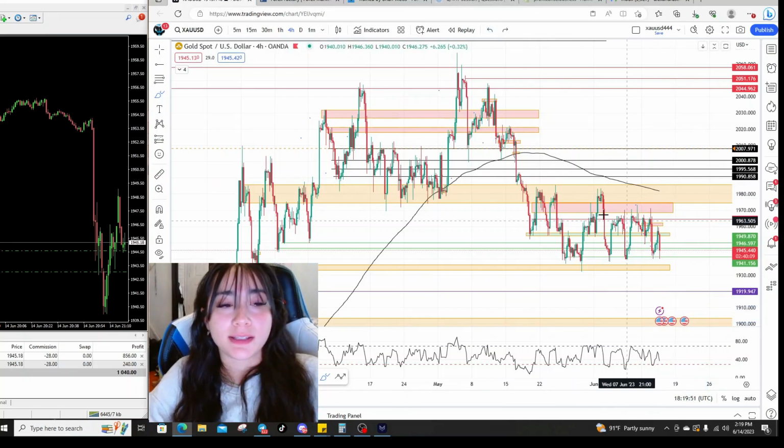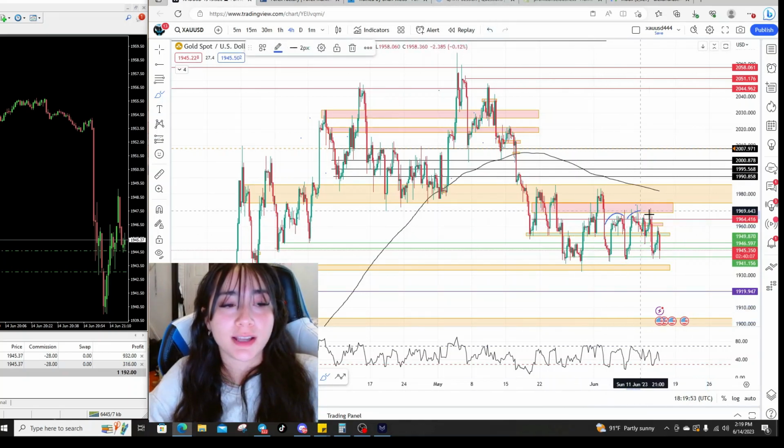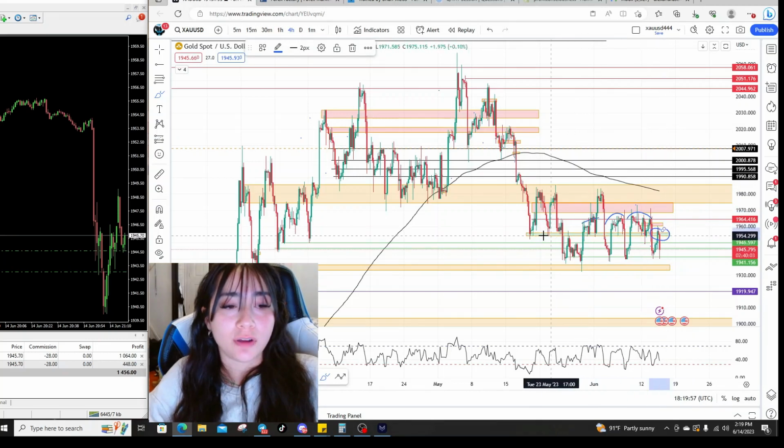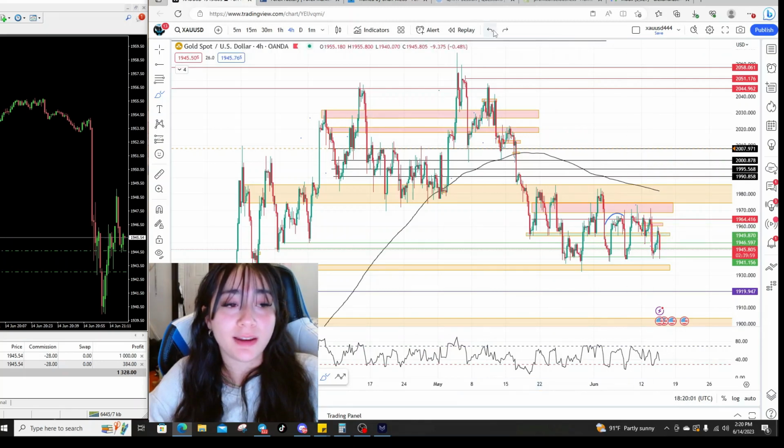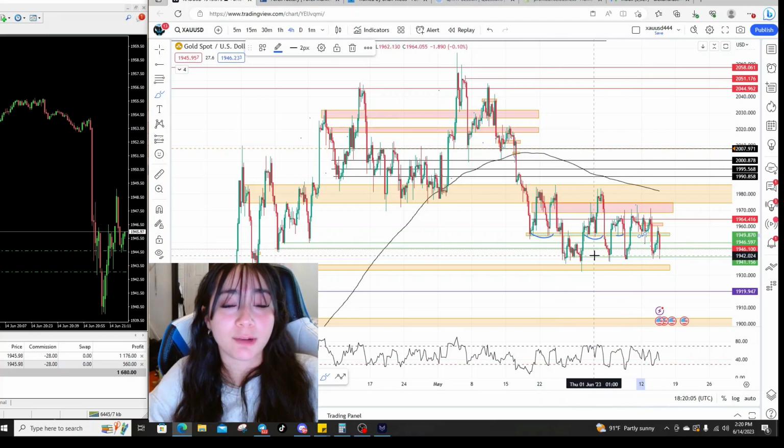Right, and as we can see by all the rejection that's happening, especially today at the rejection of this important level right here, each time we've been on that level, we've pushed up, and every time we've been under that level, we've pushed down. In the lower time frames, you could see this red candle action pushing down from that level, as well as right here, right here as well.